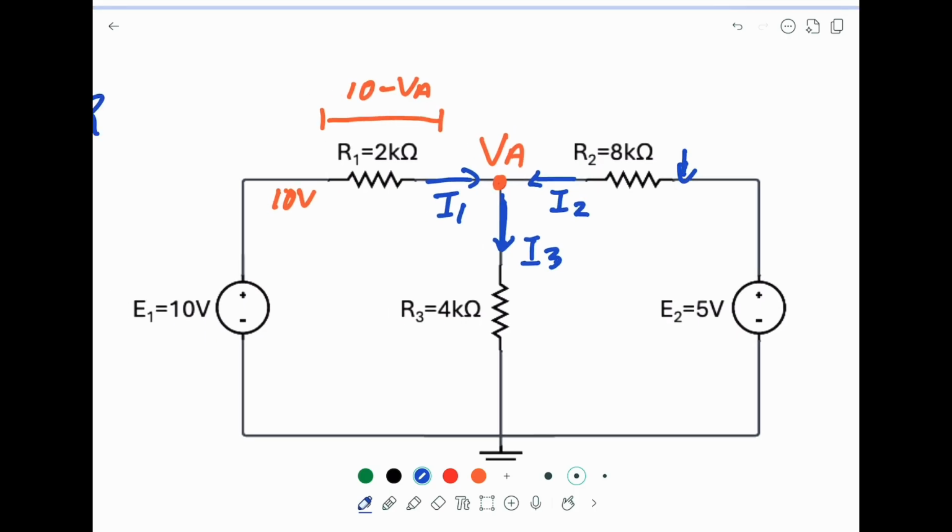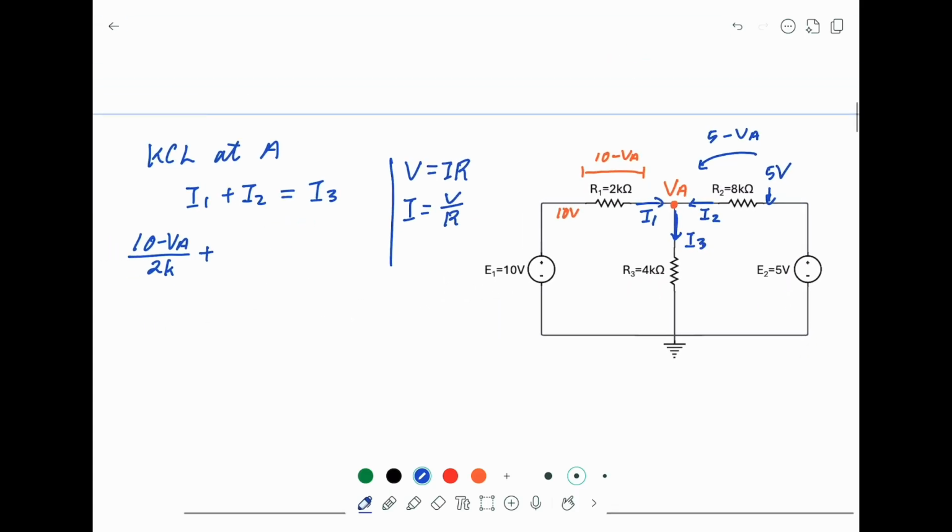Next, I2. This side of the resistor R2 is 5 volt, and the current we assume flows from the 5 volt to VA. So the potential difference is 5 minus VA across R2, and the current I2 should equal the potential difference 5 minus VA divided by 8K.